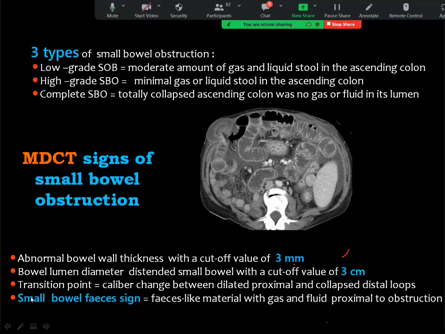And this is one of the signs which is known as the small bowel feces sign. You know that the small bowel contains fluid and digested food, and there is no feces or gases inside the small bowel.